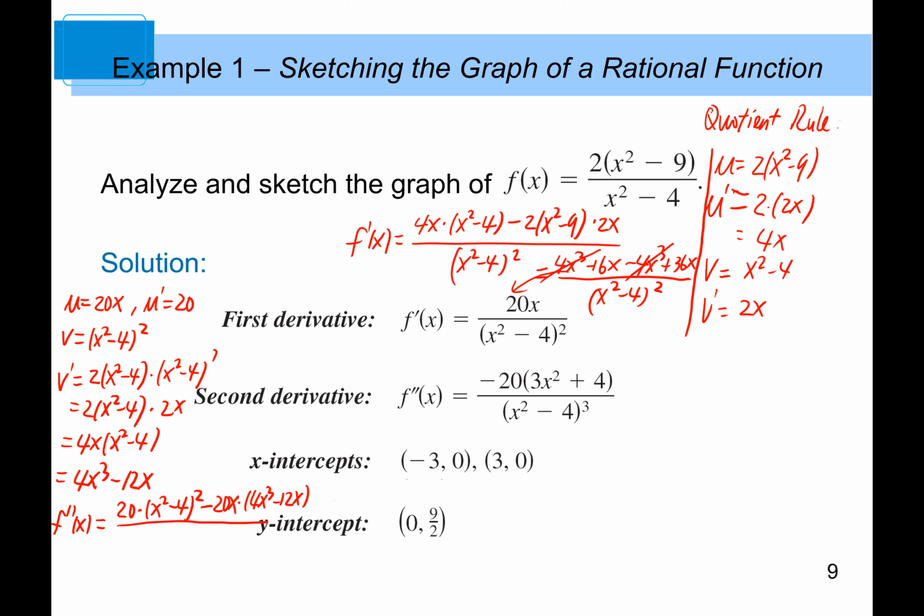Divide by v squared, so it's (x squared minus 4) squared squared, that makes it to the fourth.